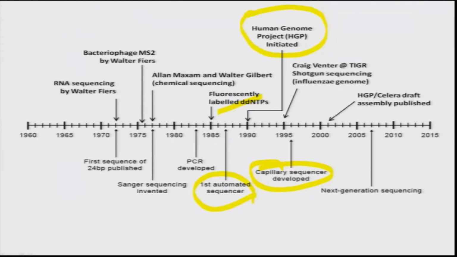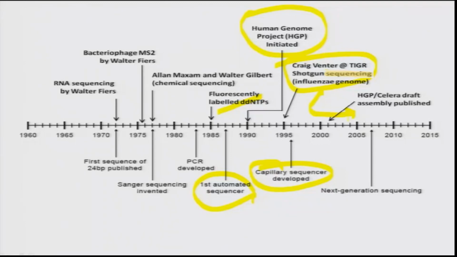And then at the same time we talked about the other person called Craig Venter, who developed a different method of sequencing, which is called shotgun sequencing. What he did was he used the influenza genome to sequence using the shotgun sequencing method, which we will discuss, and he then used the same method to look at human genome sequencing.